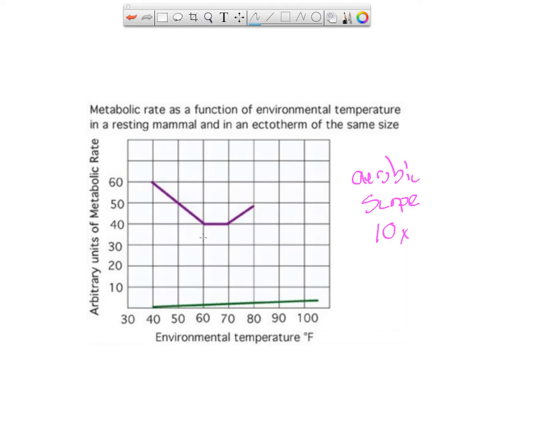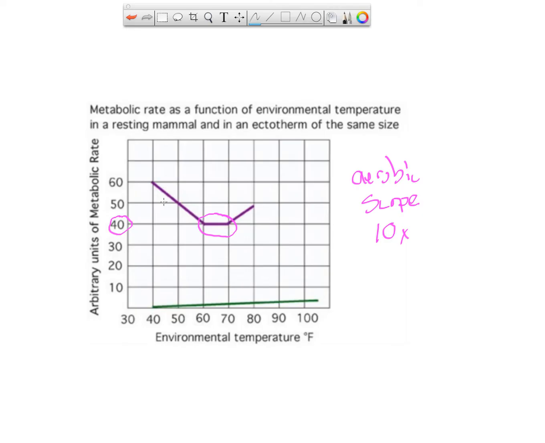Okay, this animal seems to be within its thermoneutral range at between 60 and 70 degrees and has a basal metabolic rate of 40, the amount of fuel it has to spend when it's not spending any energy staying warm or staying cool.